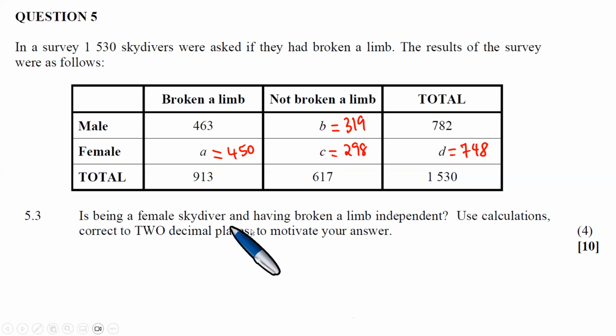Is being a female skydiver and having broken a limb independent? Use calculation. So we're looking at independent events, right? So use calculations corrected to decimal places to motivate your answer. So now we are looking at a female skydiver broken a limb.